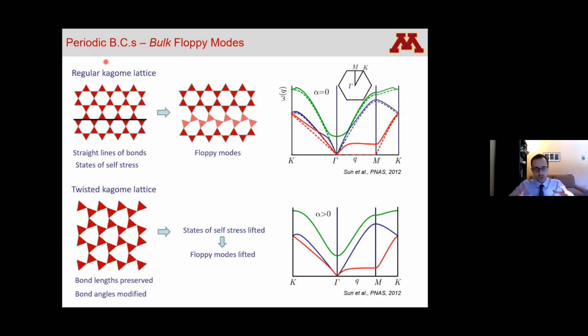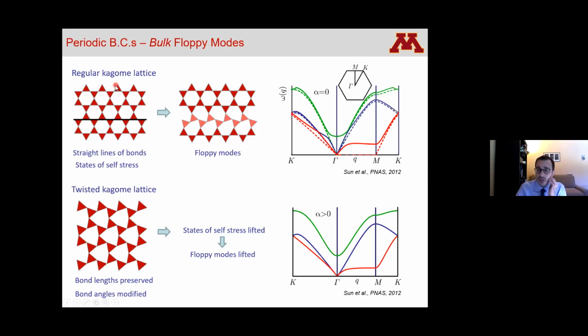Periodic boundary conditions means that I consider infinite lattices. Now, in this case, what we are interested in is the existence or lack thereof of floppy modes in the bulk. So, for example, we can consider a regular kagome lattice, which is shown right here. You see that it's a lattice where the bonds are aligned along these straight directions.